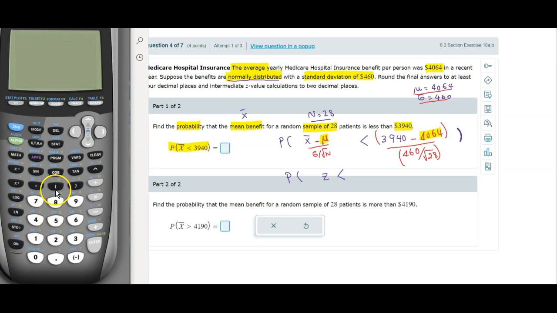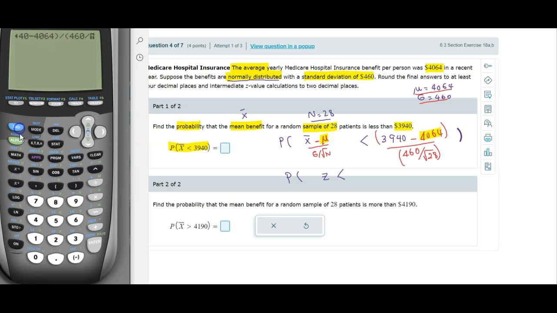For the calculator I'm going to be using the parentheses. So parentheses is going to be 3940 minus 4064, close the parentheses, divide it, open the parentheses, and then it can be 460, and that is divided by square root.